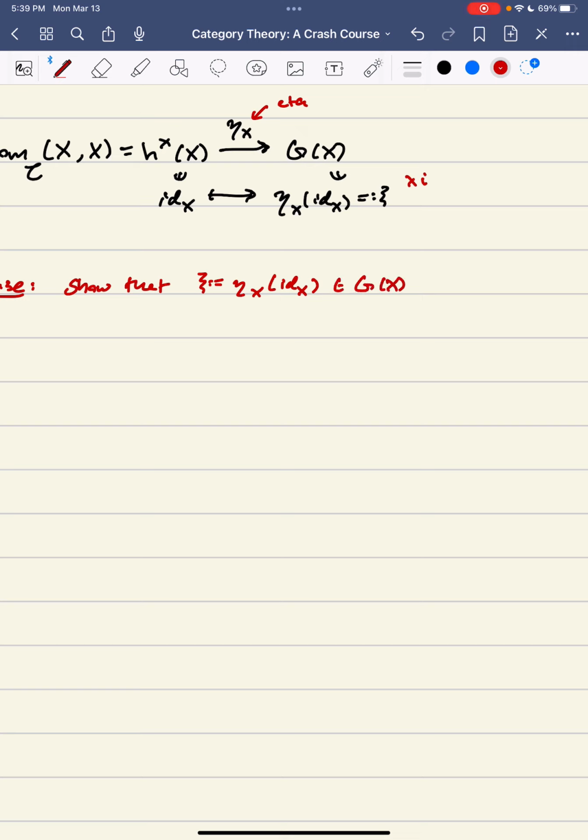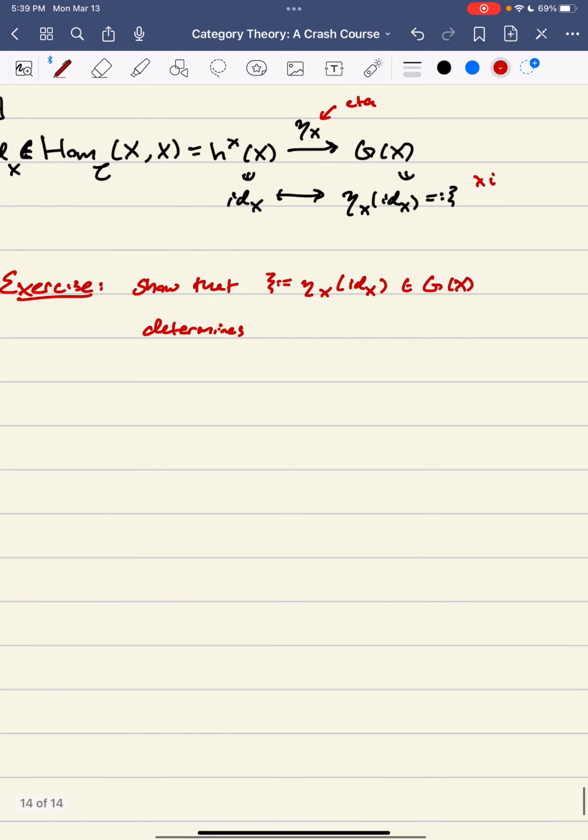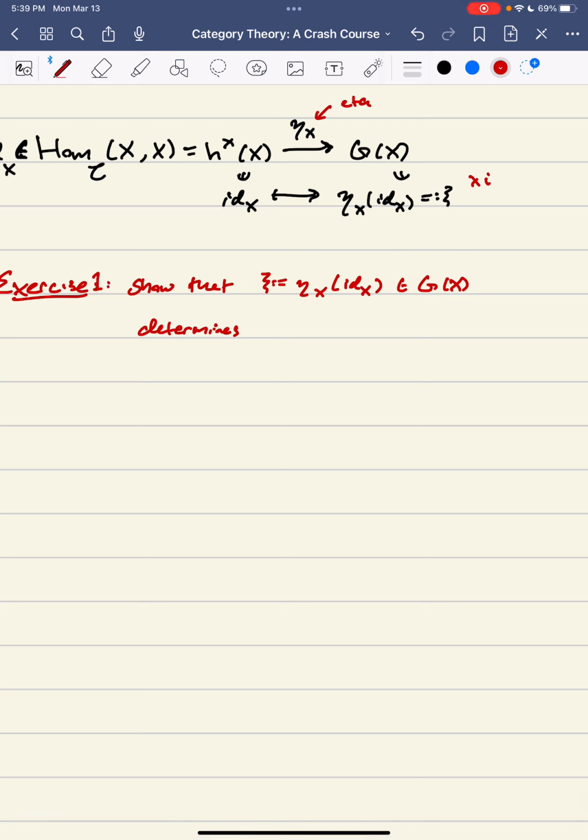G of x determines, so this is maybe exercise 1, determines the component eta over y for any other element y.